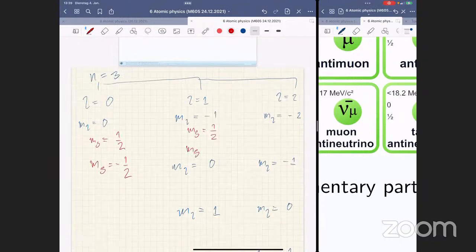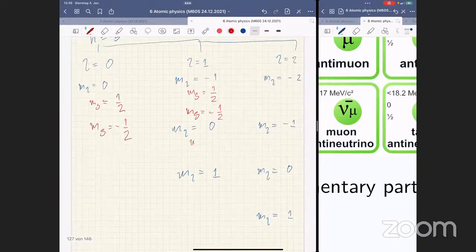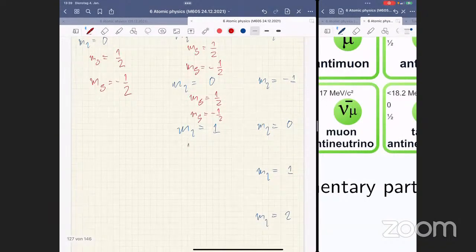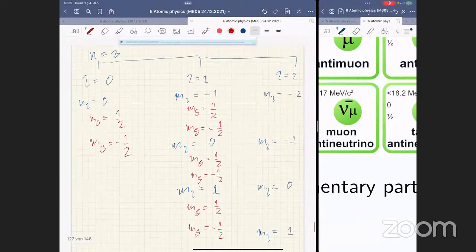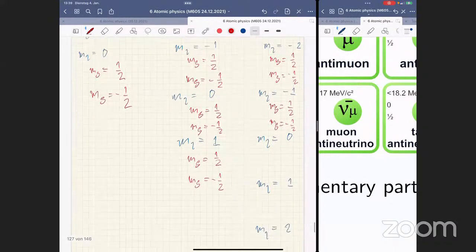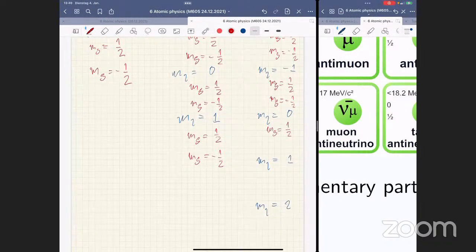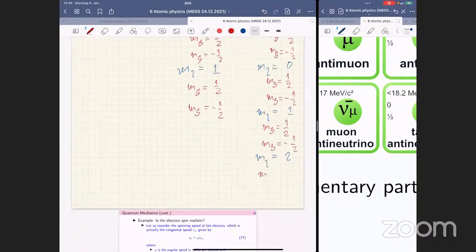So MS could be again minus 1/2. And for the whole thing here, each ML value has MS equal to 1/2 and MS equal to -1/2.